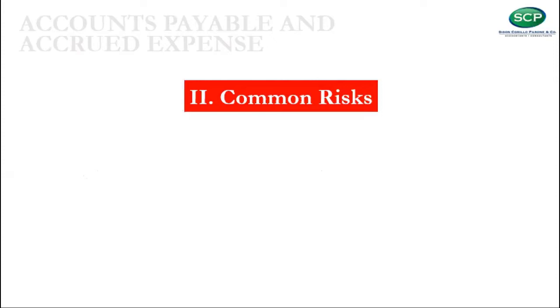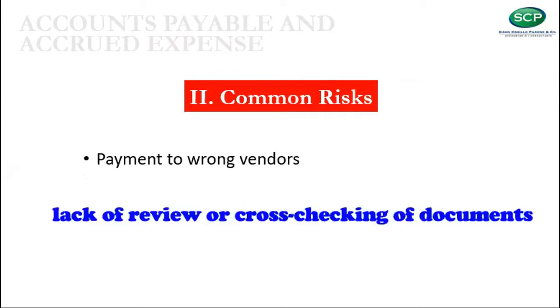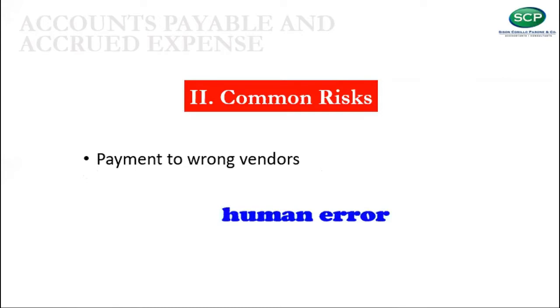The next common risk pertains to payments made to wrong vendors. Payment to wrong vendors can occur for various reasons, such as lack of review or cross-checking of invoices and other related documents for payments, human error, and even negligence on the part of the accounts payable personnel.